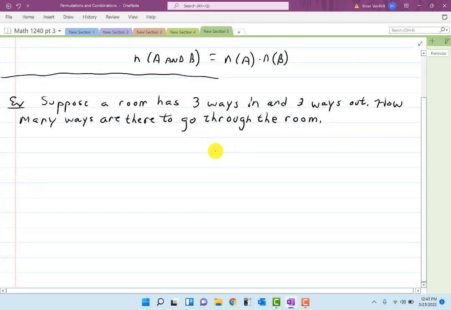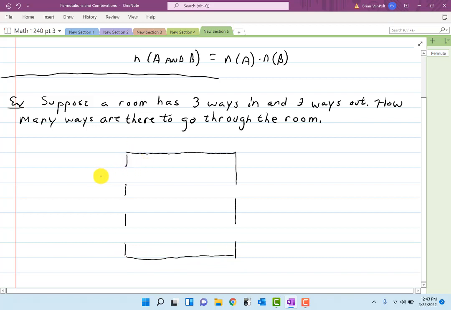Let me see. Let's suppose we have it go like this, and I'll leave little spaces for where the ins are. I'll leave little spaces for the outs.